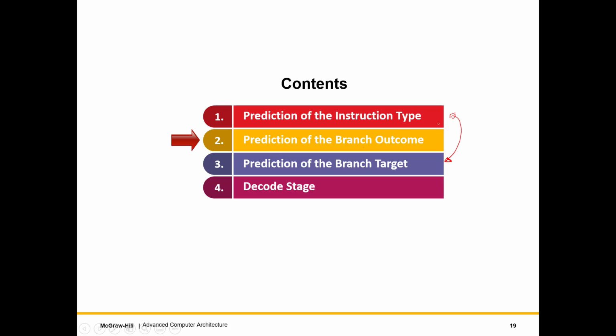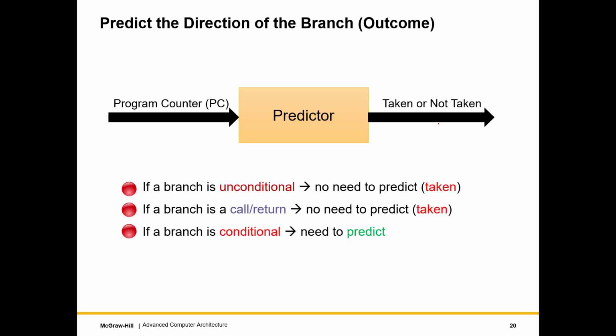So once we know that an instruction is a branch, next we need to figure out whether it's taken or not taken. So here also we assume a black box. The black box, the program counter comes in, and what comes out is whether it's taken or not taken. Say the branch is unconditional, then it is always taken, so there is nothing to predict.